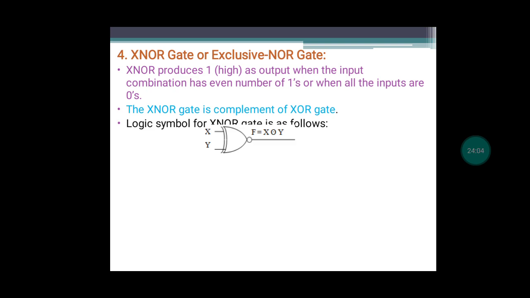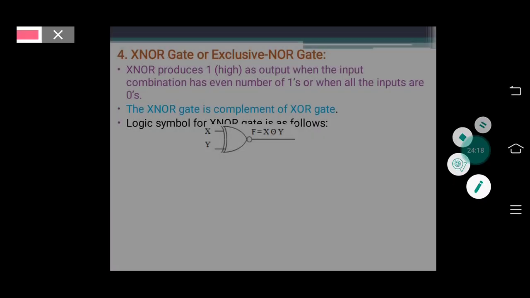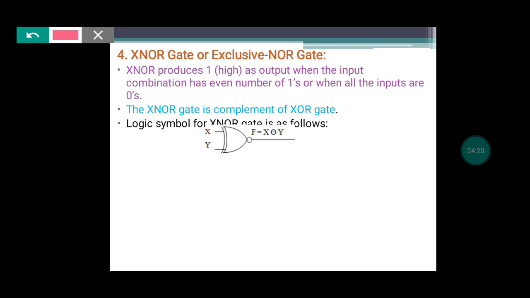So it is exactly opposite of the XOR gate. This gate can also accept 2 or more input signals. Here we have given 2 input signals for this diagram, X and Y. And what will be the output signal? Output signal will be X XNOR Y.